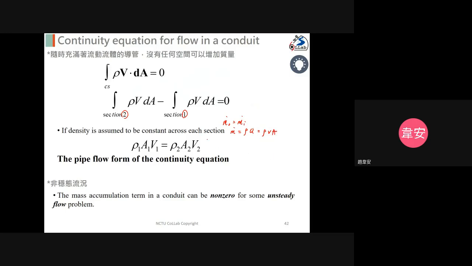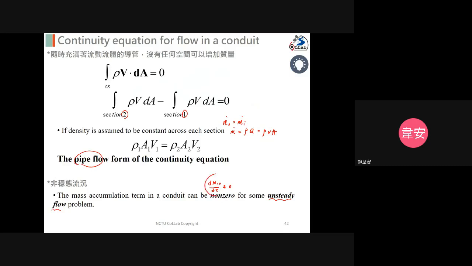Okay, so you can write the continuity equation for conduit problems: rho 1 A1 V1 is equal to rho 2 A2 V2. This is very important under pipe flow. But if our flow condition is unsteady flow, dm_cv/dt is not always equal to zero for unsteady flow problems.